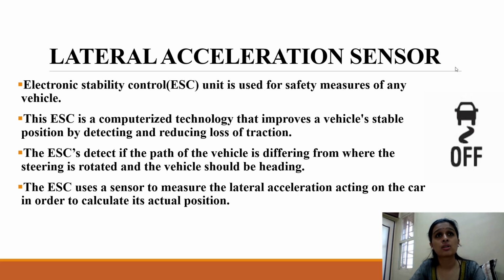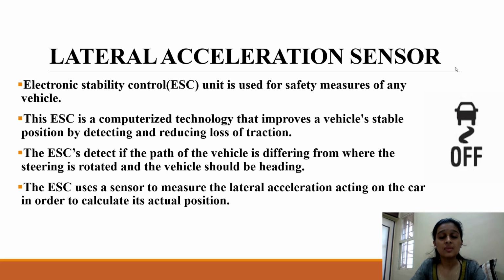Now this unit or this board is used for measurement of safety of a car or any vehicle. Now this ESC is basically a computerized technology which provides the vehicle's stability position. This is done by detecting and reducing the loss of traction or any stress on the road which comes on the vehicle.